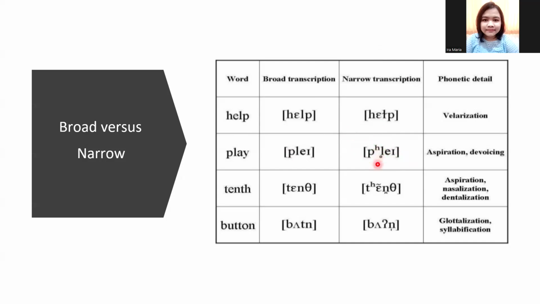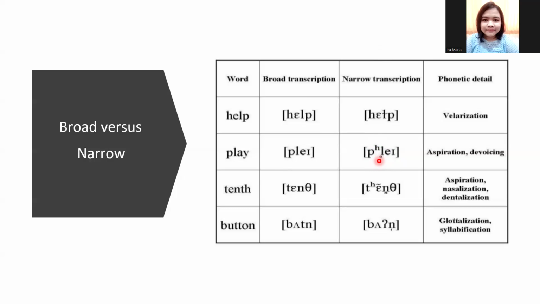So it means it is a voiceless sound. So you need to add the H symbol and also the small circle here. So this is the diacritic, the symbol that can help the reader, or also the researchers, to really understand how to pronounce it correctly.